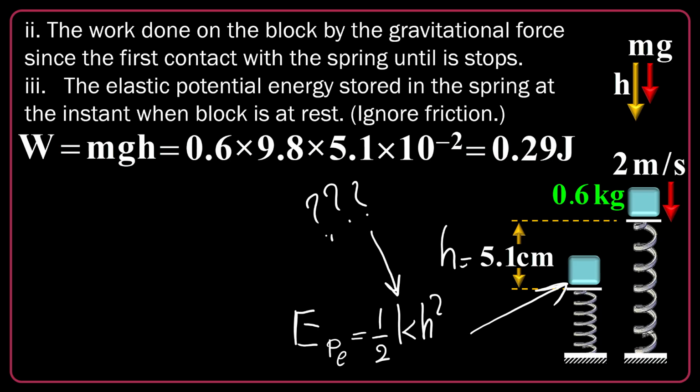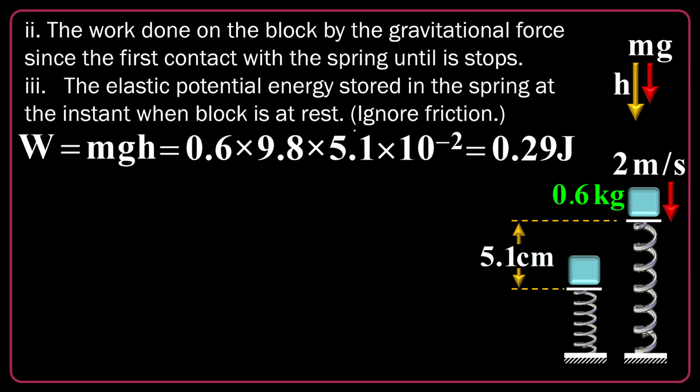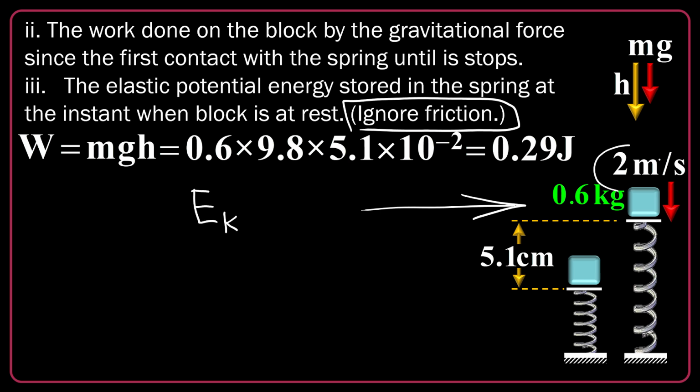What should I do? Here you see, we can ignore the friction. If we can ignore the friction, we can use conservation of mechanical energy to find it. Why? Here at this point, the object has kinetic energy because it has a speed, and also gravitational potential energy. Let's say it's potential energy of gravitational, EPG.